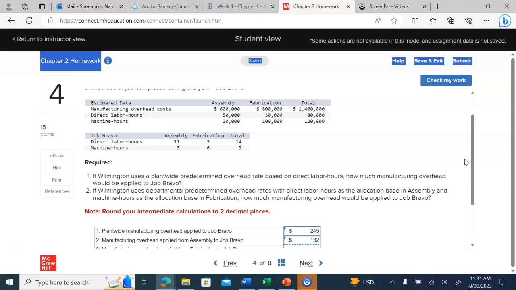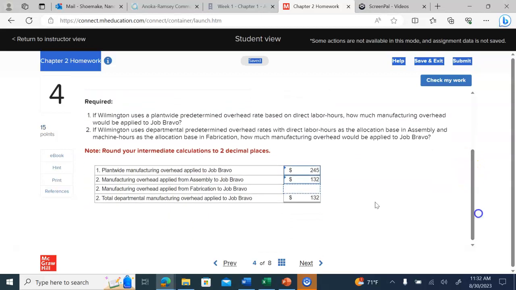So if you look at fabrication, that 800,000, and they want us to use machine hours because those machine hours are the driving force. So that'd be $8, right? And if we have 6 machine hours, 8 times 6, 48, right?